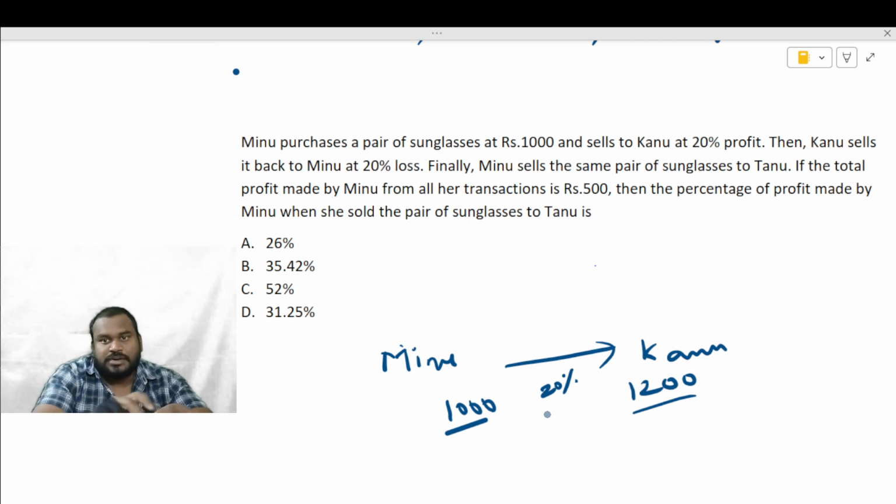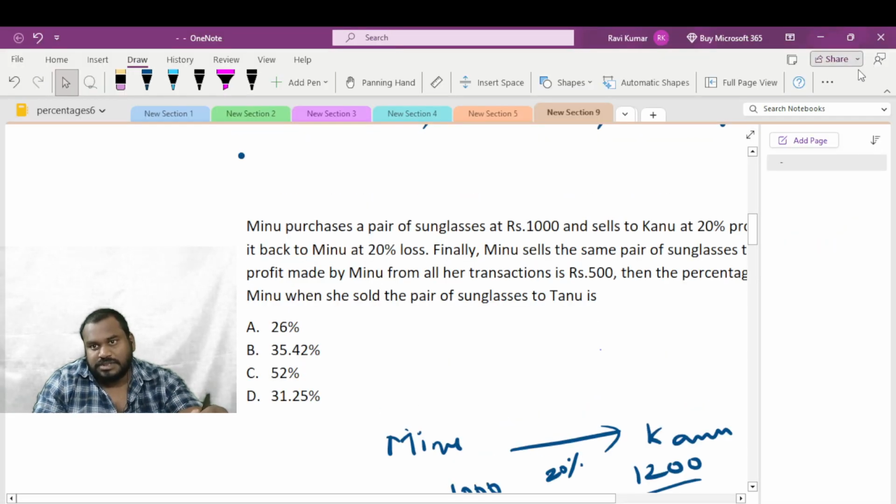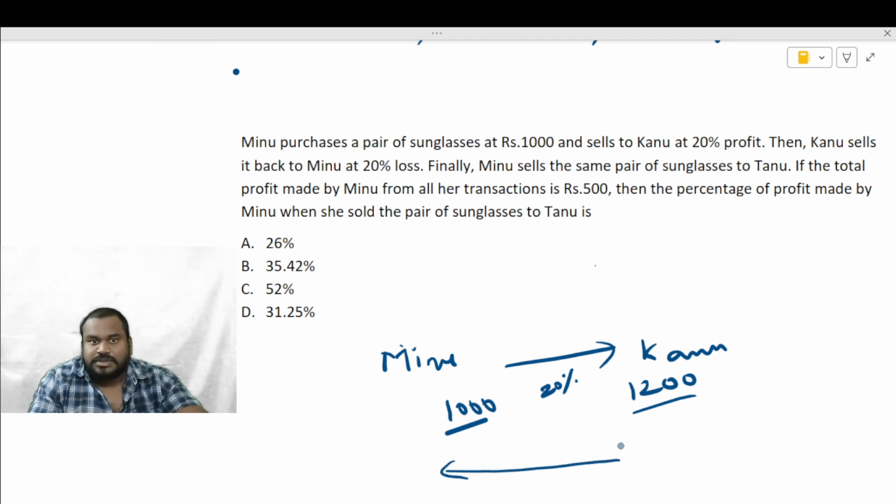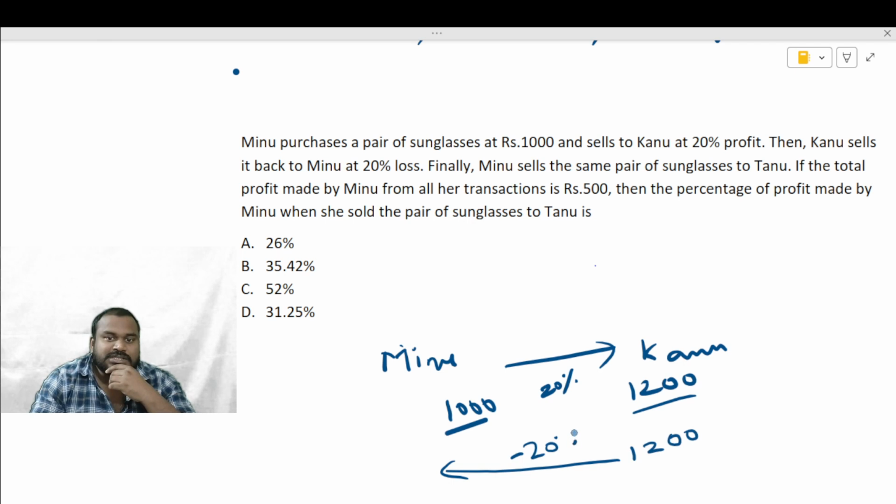Now, then Kanu sells it back to Minu. What is Kanu doing? She's again selling it to Minu. She purchased it at 1200 and sold at 20% loss. 20% loss means minus 20%.